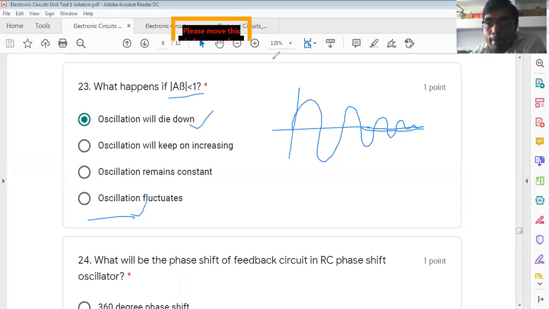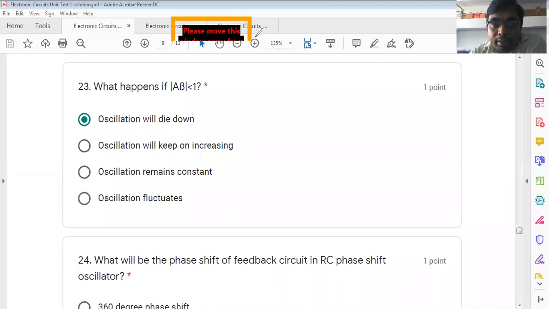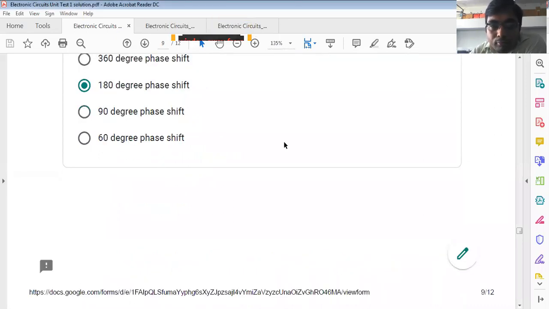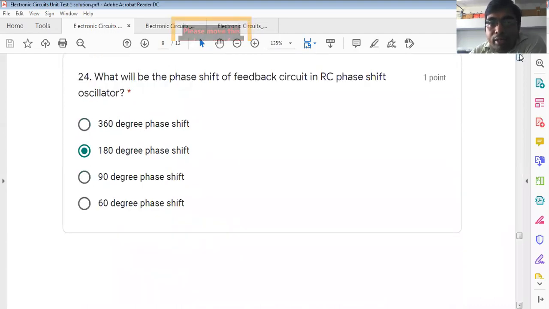Now come to the next question, the 24th question. The question asks, what will be the phase shift of the feedback circuit in the RC phase shift oscillator?